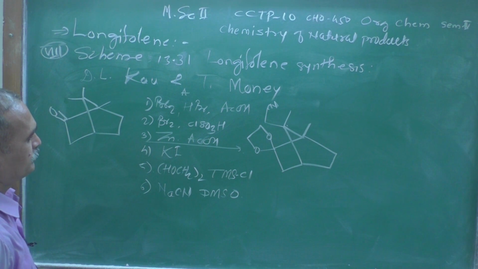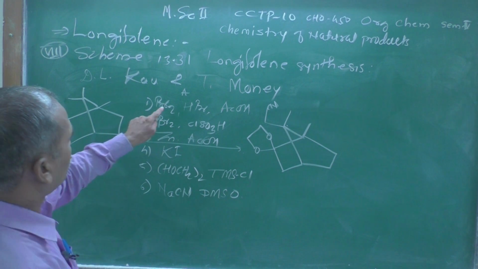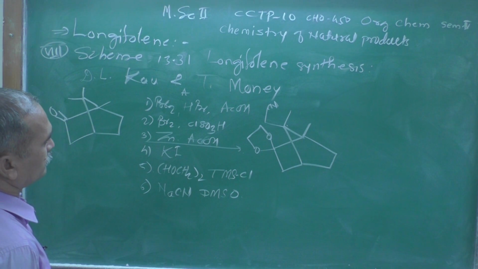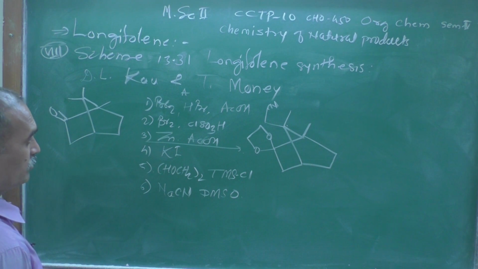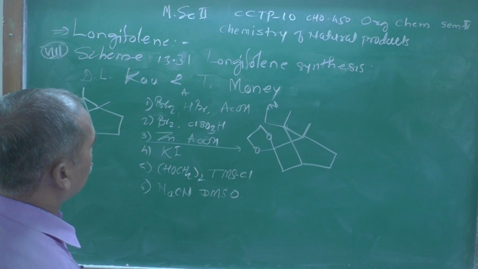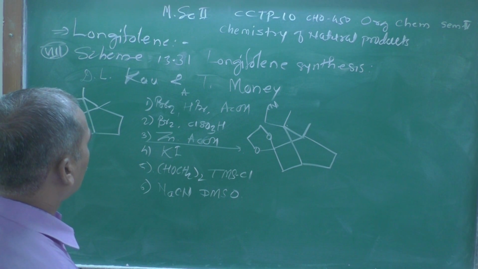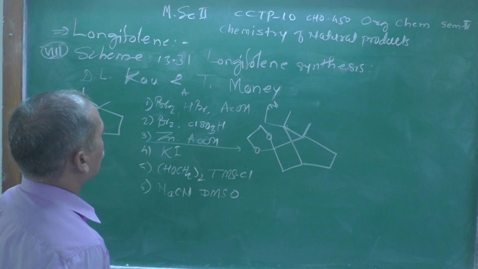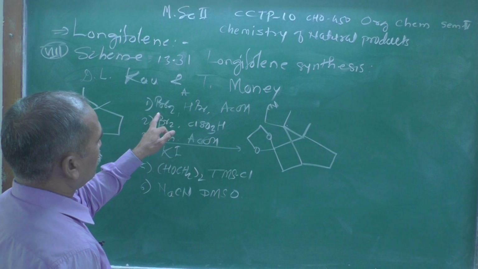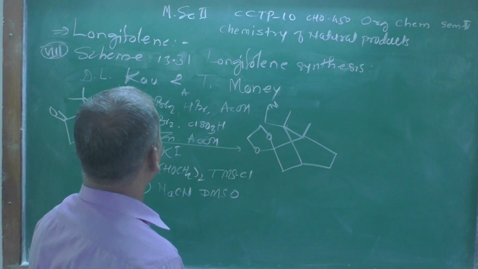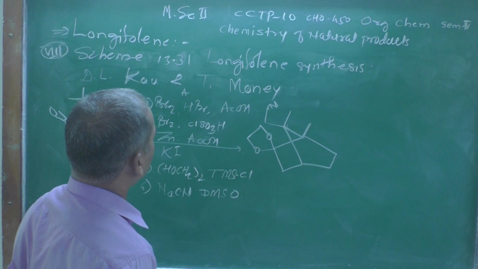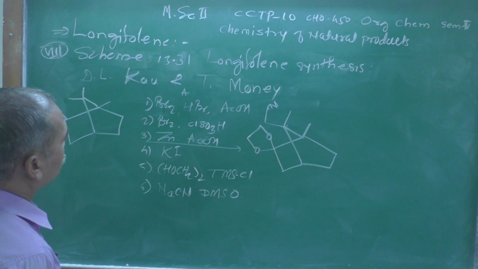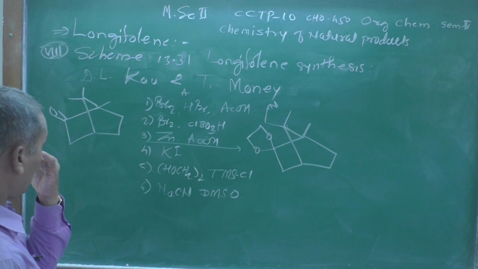How does this happen? Let's see here. Br2 and hydrogen bromide in the presence of acetic acid: when this kind of reagent is used, it specifically replaces one of the hydrogen atoms by Br, that is bromination.